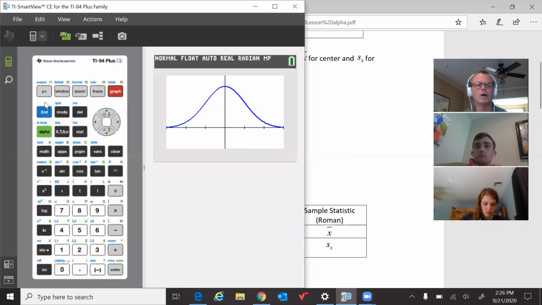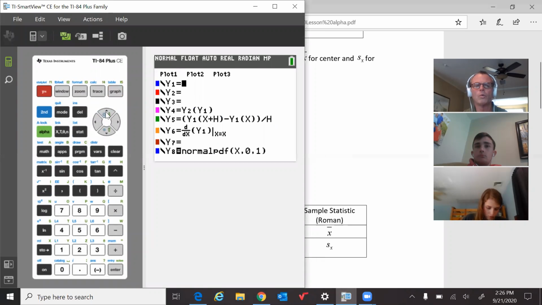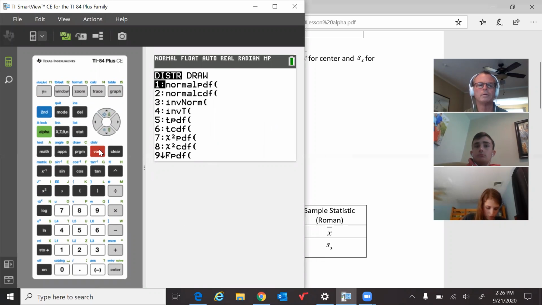So in your calculator, go to Y=, and I just put this down here in Y8, just to get it out of the way. You can have it anywhere lower. In Y8, you go to 2nd VARS 1.